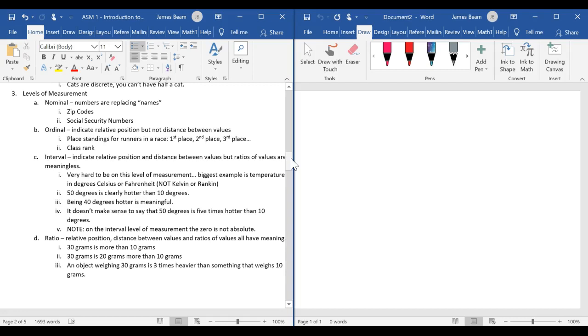Ratio level is like everything else, like grams, pounds, anything that has a natural zero. The example I'm giving here is grams. 30 grams is more than 10, so it meets the ordinal criteria. 30 grams is 20 grams more than 10, so the distances actually have meaning. So that means intervals have meaning there.